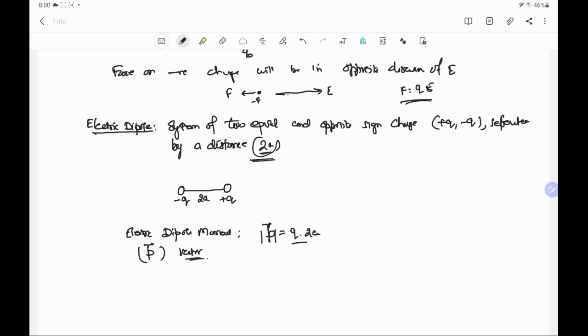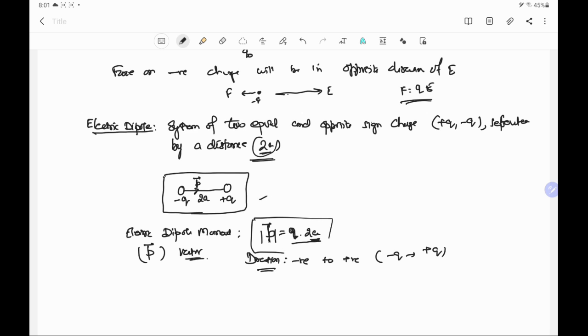Its magnitude is Q into 2a, that is, it is the product of one of the charge magnitudes and the separation between them. And direction will be, because it is a vector quantity, so it will have direction. Direction will be from negative to positive charge, that means minus Q to plus Q. We can represent the direction of P in this way. P will be in the direction from negative to positive. So this system is called the electric dipole, and this is the electric dipole moment.